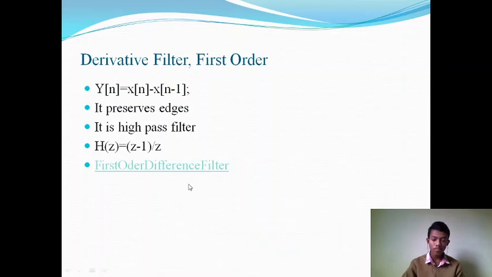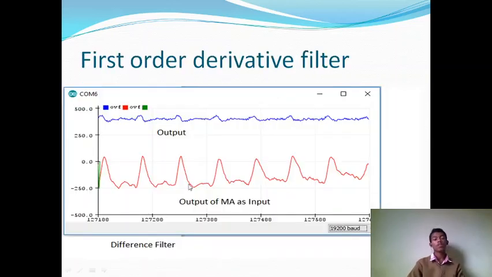This is the graph. This is the smoothed signal output of the moving average filter. I gave this output to the first order derivative filter as an input. So this is the output of my derivative filter. If we observe here, from here to here the signal is almost constant. From here to here the signal is changing.